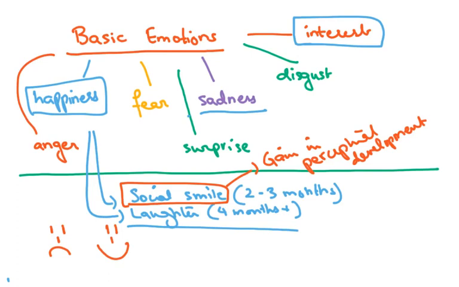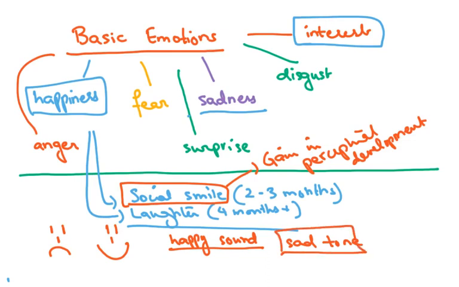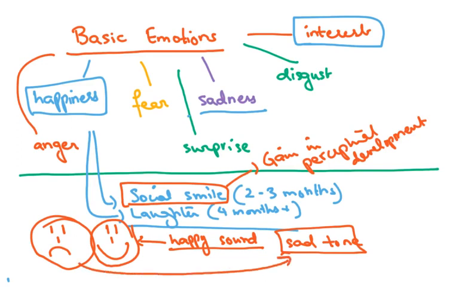At this point, if you play two different sounds to a child, one is a happy sound, someone talking in a happier tone, and another is a sad tone, someone talking in a sad tone, they will be able to recognize that this is the person who is responsible for the happy sound, and this is the person who is talking in a manner which is more sad, right? So they're able to match facial expressions to vocal expressions.